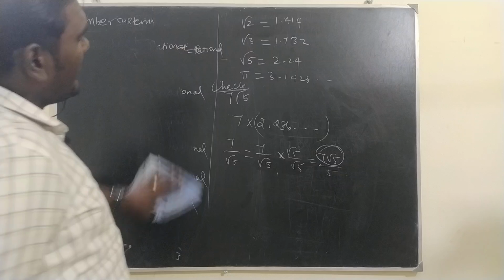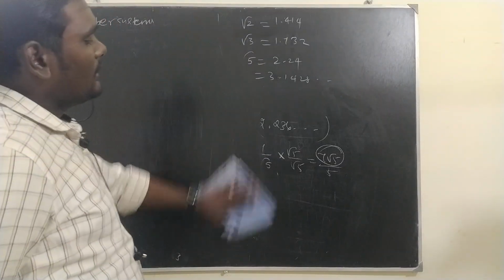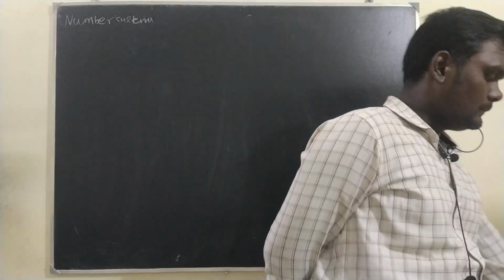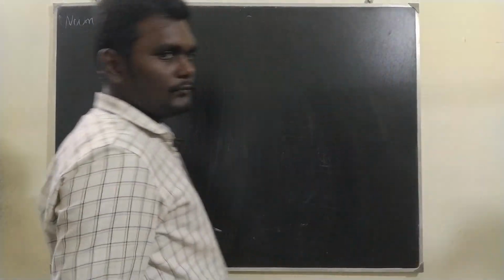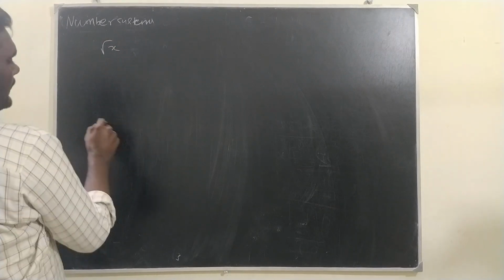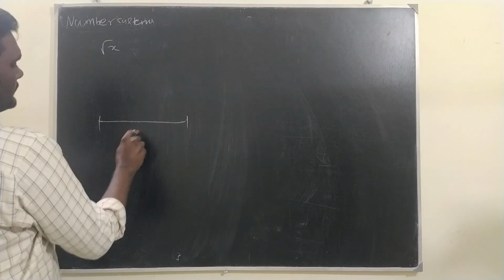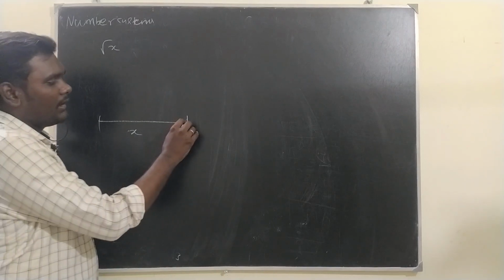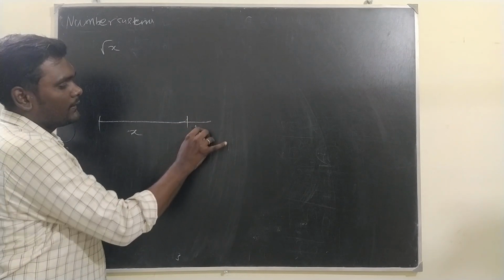How will you represent any irrational number on the number line first? Whatever it is, this root x on the number line, simply we have to draw x units length. After that, increase that line segment by 1 unit.